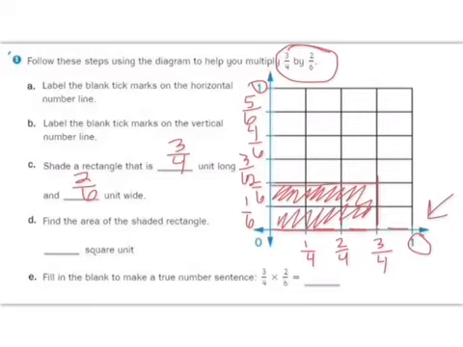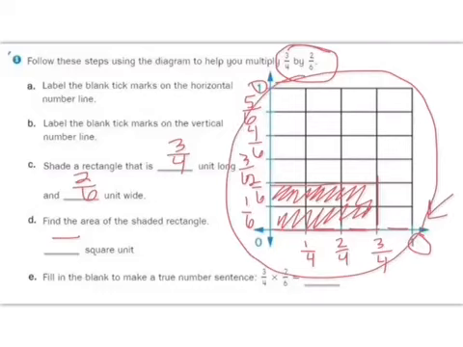Okay, the area of the shaded rectangle, remember, we're going to use the total number of squares in the whole shape, which will be 24 as our denominator, and the number of individual squares you have shaded in for the numerator, which is 6.